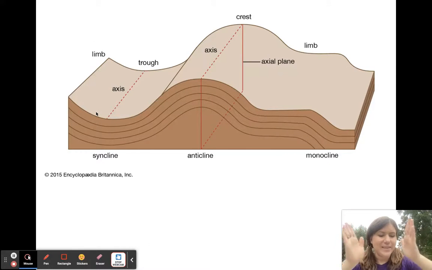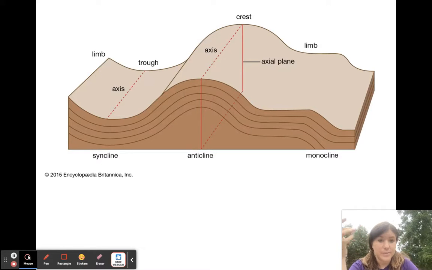So syncline is kind of like a smiley face. That's how I remember it. Those layers are bent upwards. And then here in the middle is an anticline. They're bent downwards. And eventually those will erode and we'll only be able to see the slightest bit of a bend, but we know that there has been a fold here and we can extrapolate that outward.